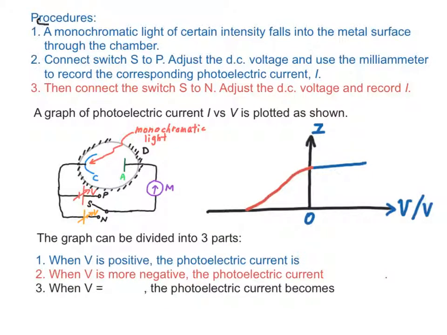The procedures for the experiment are: first, monochromatic light of certain intensity falls onto the metal surface through the chamber.